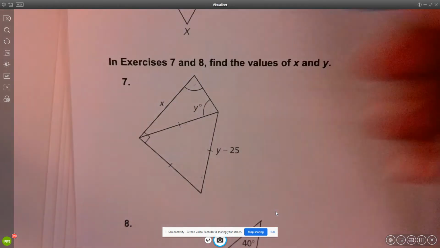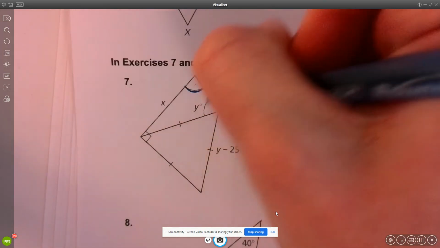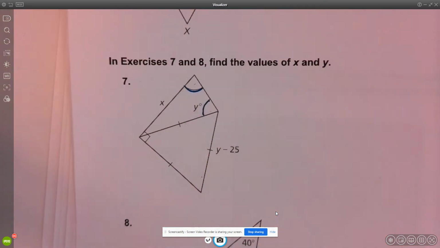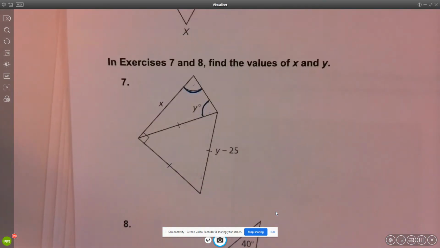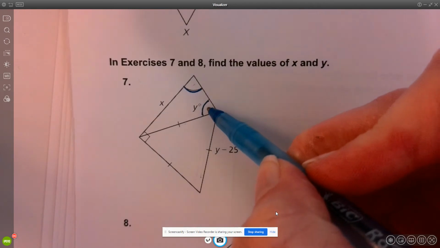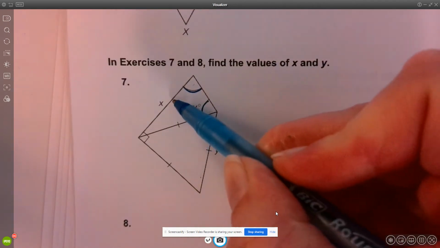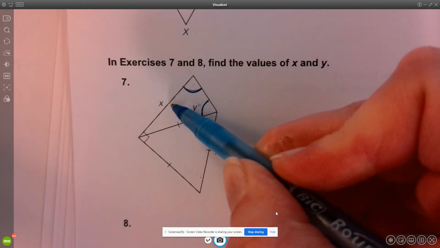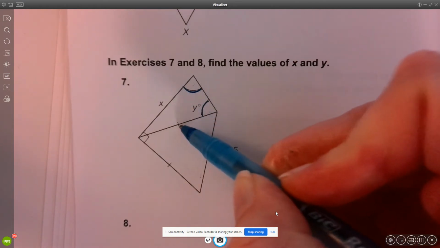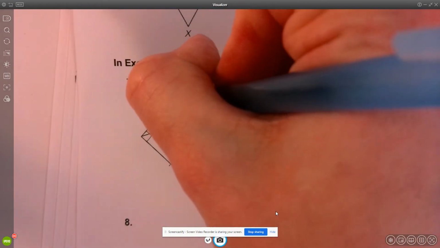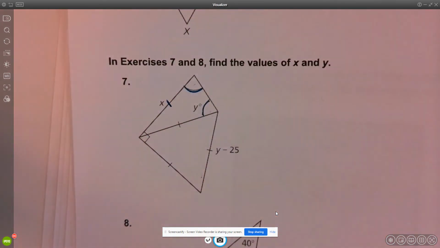What I notice is these 2 angles in this littler triangle are congruent. That tells me that it's an isosceles triangle. It tells me that the 2 sides opposite the base angles, this side and this side, have to be congruent. So if this has 1 tick mark, so does that side.